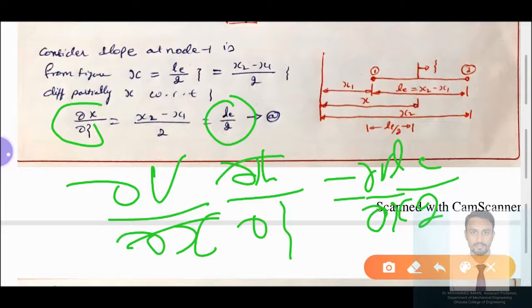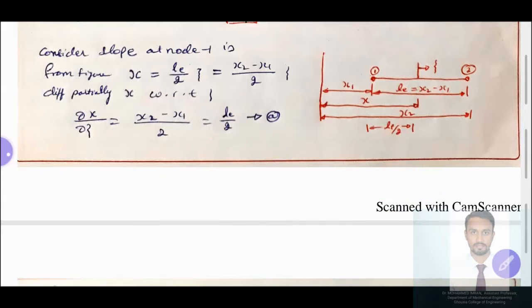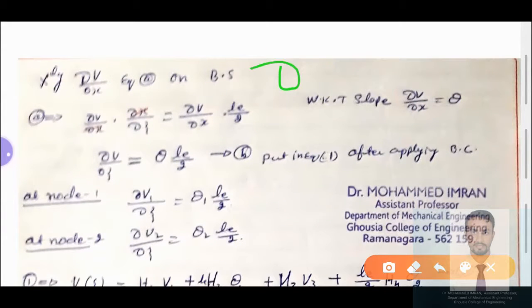Now dou x has been cancelled. This becomes dou v by dou zeta is equal to dou v by dou x into Le by 2. This indicates the global coordinate value dou v by dou x is half of the natural coordinate value, right? So we have dou v by dou x into dou x by dou zeta. Dou x gets cancelled, and dou v by dou zeta remains.